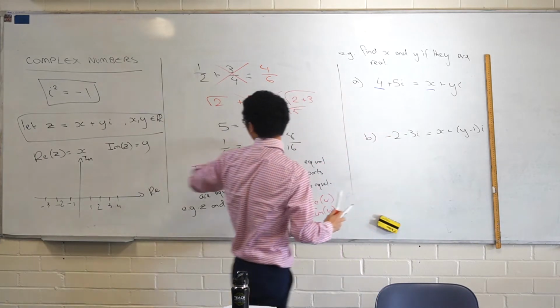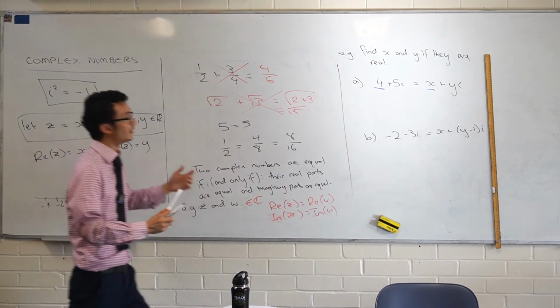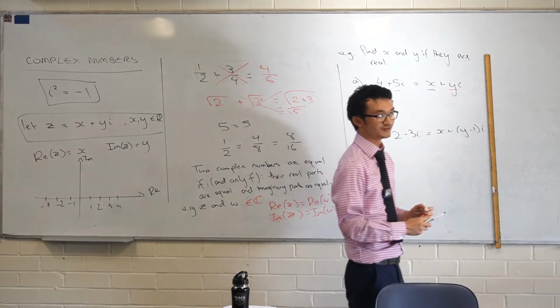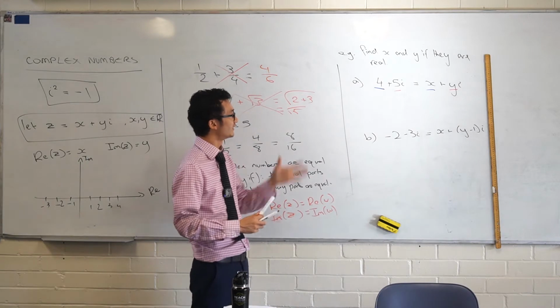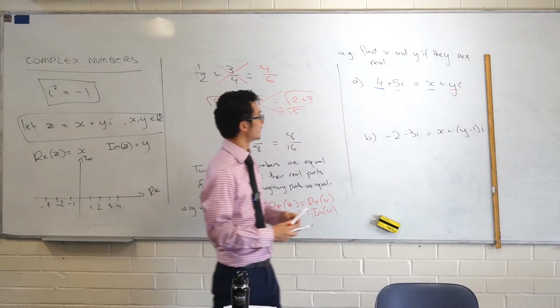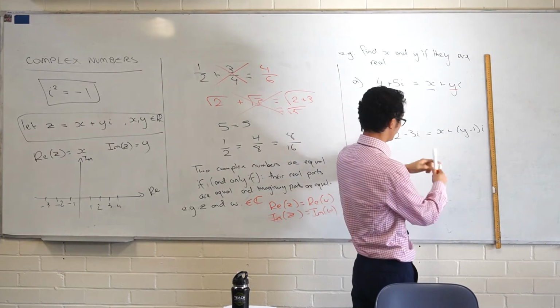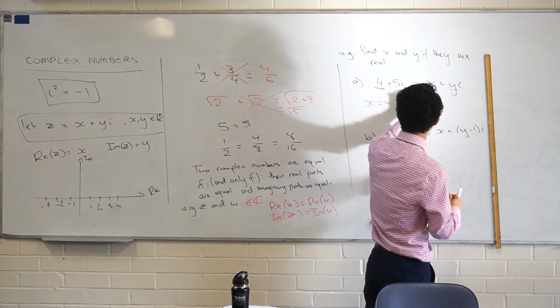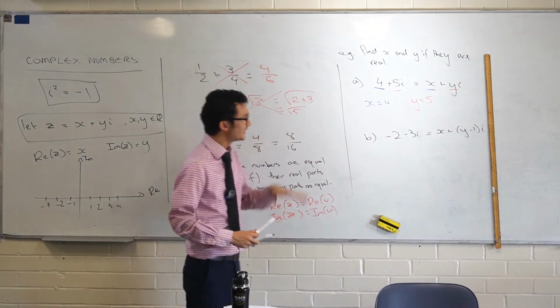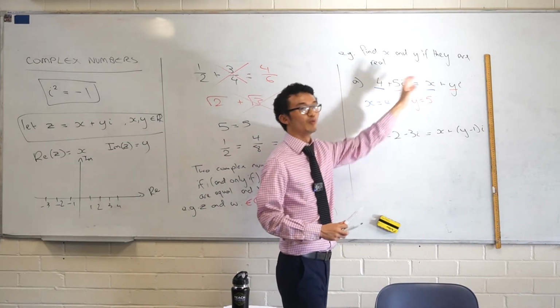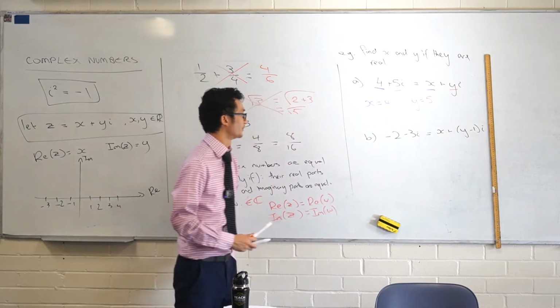Well, it's the value that's multiplied by my imaginary number. That's this here. And Y is over here. So in this situation I can just identify them, and I can tell you that X is equal to 4 and that Y is equal to 5. That's for a situation like this, where I'm just comparing what the real parts and the imaginary parts are.